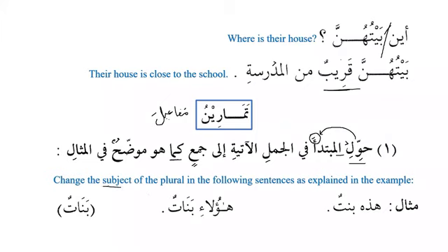So the example is هذه بنت, and the plural is هؤلاء بنات. This is a girl and these are girls. So for singular we say هذه, and for the plural we say هؤلاء.